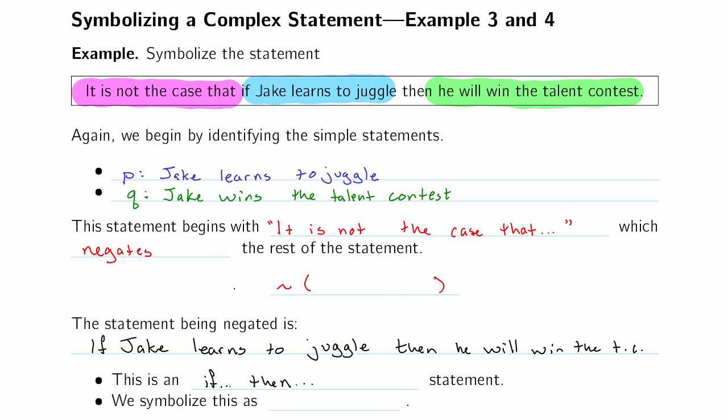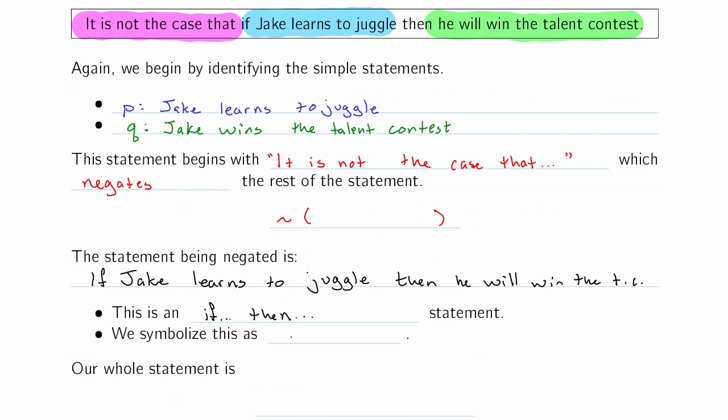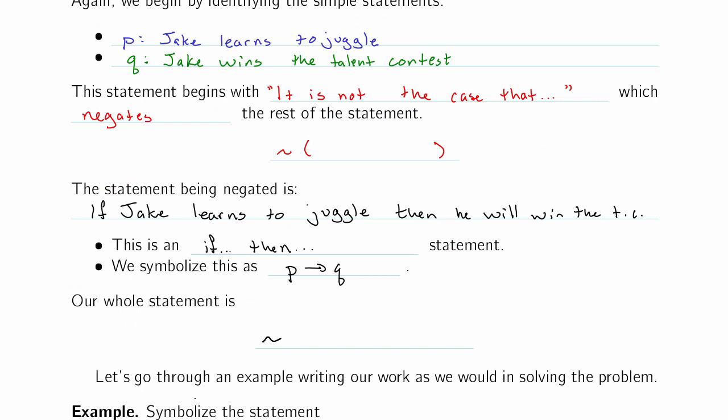In fact, that statement is just if P, then Q. So if P, then Q, that's what it's not the case that. We'll have a not, and then if P, then Q in parentheses to show that we're negating the whole if P, then Q.